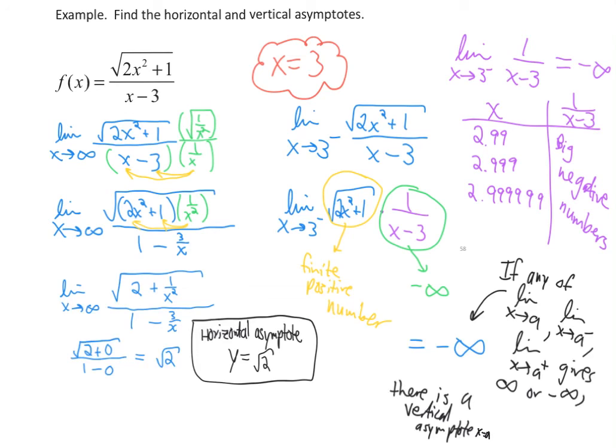Okay, so what that means is our suspicion that x equals 3 was a vertical asymptote was actually correct.